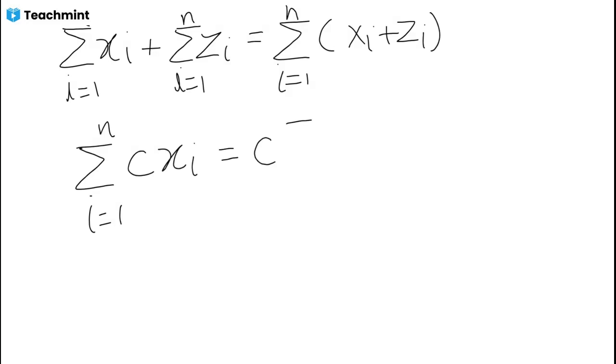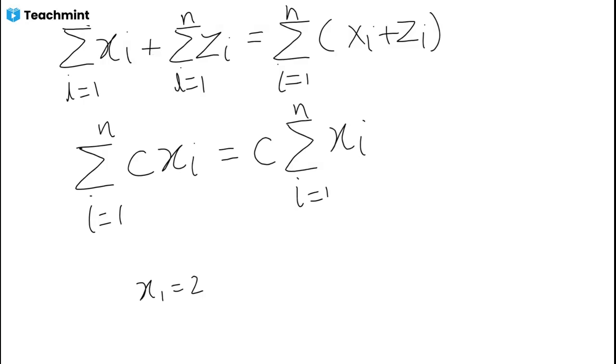Then we can represent it as c times summation xi, i is equal to 1 to n.